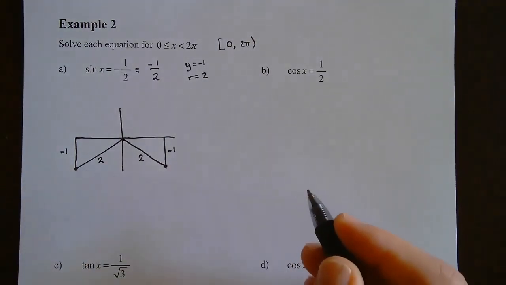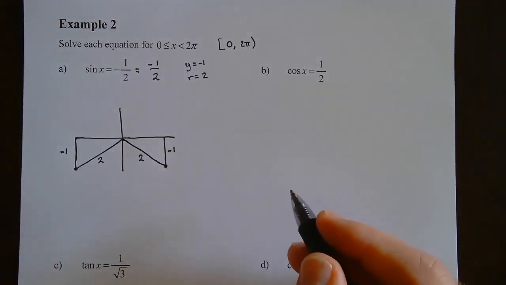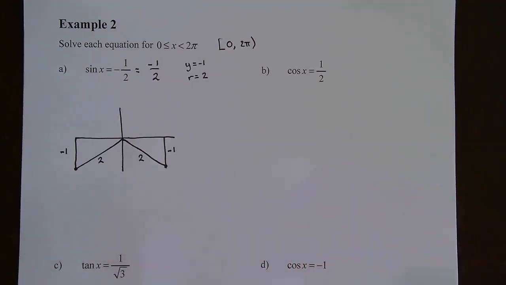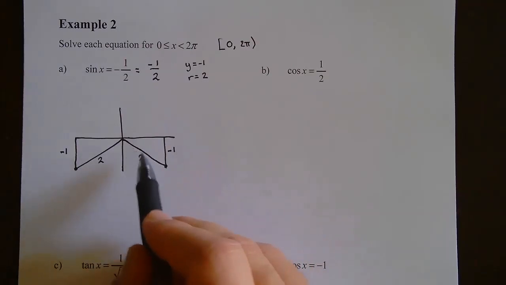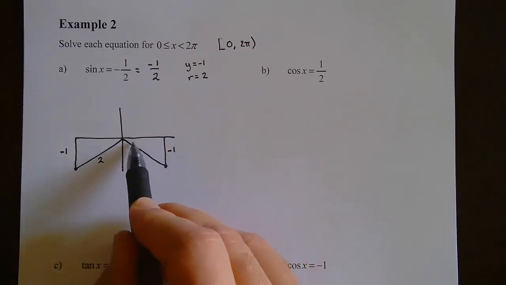It's like what we did when we evaluated sine of 7 pi over 6, or 11 pi over 6 or 5 pi over 6. You should recognize these numbers, because we did so many of these. This one right here is opposite, so this angle is pi over 6.